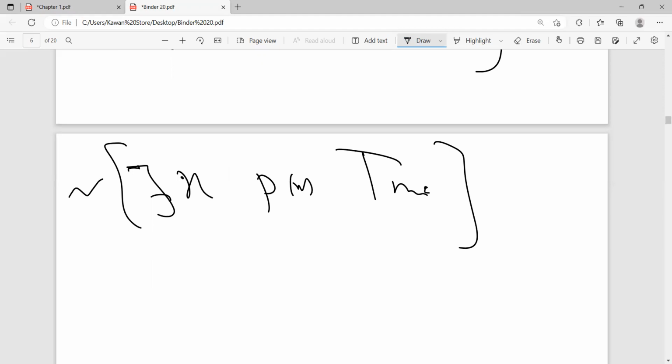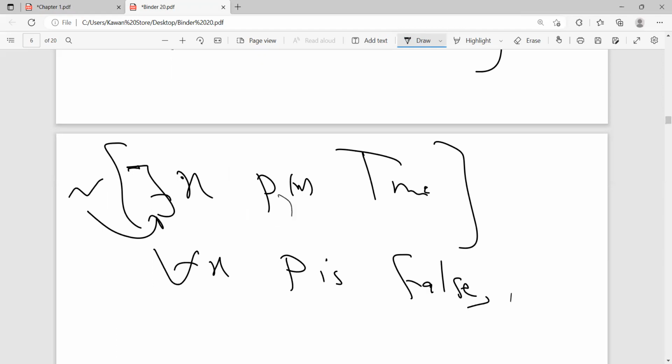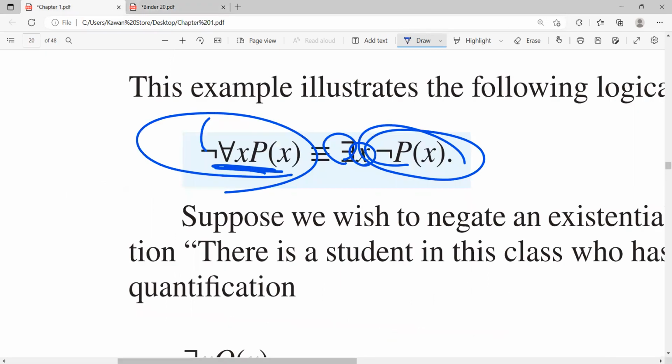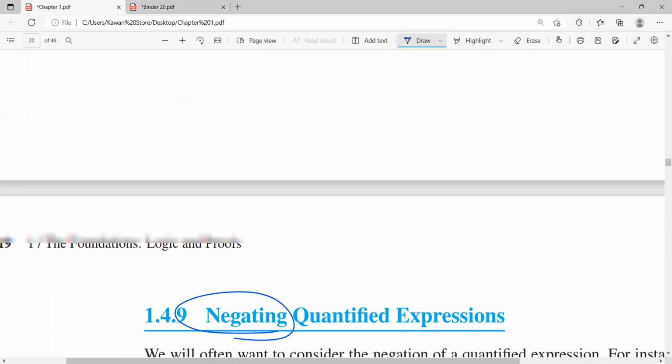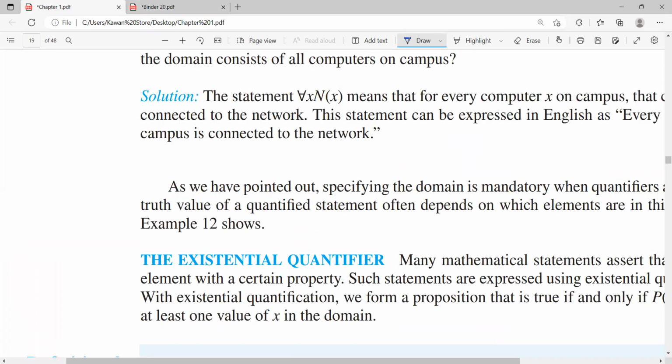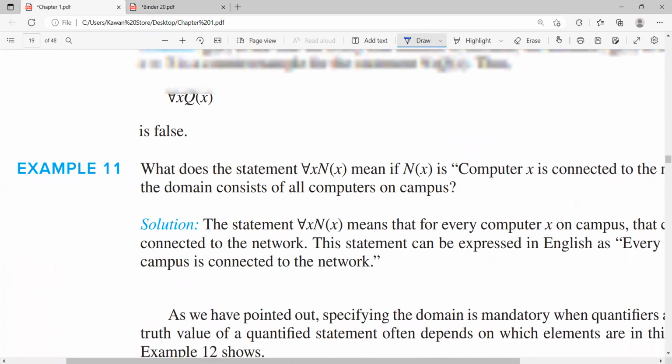It will make that one for all X, P is false. Understood? So they are inverses. If you take an inverse, you can see it changes to the other part. Let me go to the example to understand the summary.